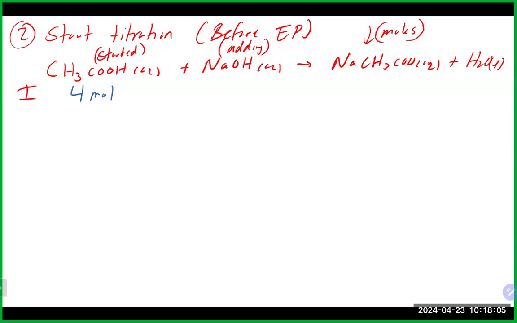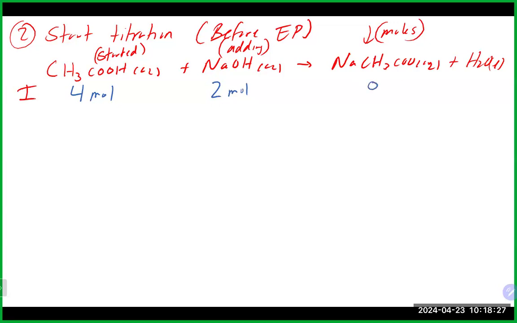So because we are before the equivalence point here, we should know again that the moles of our sodium hydroxide should be less than, equal to, or greater than 4. Should be less than, right? Because we're before the equivalence point. So again, just making up the number, that is 2, and that's going to be 0.